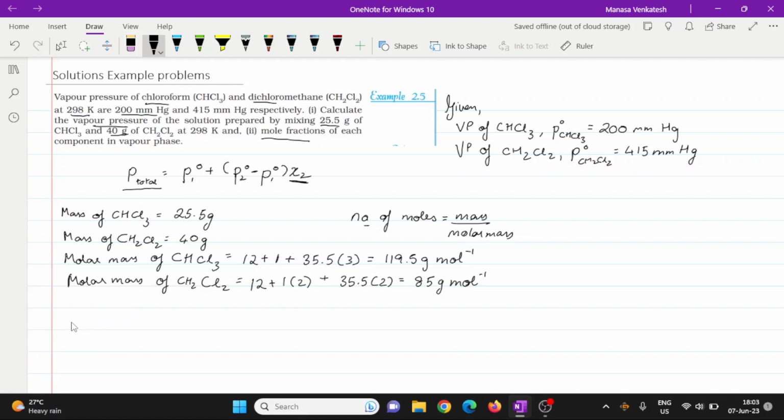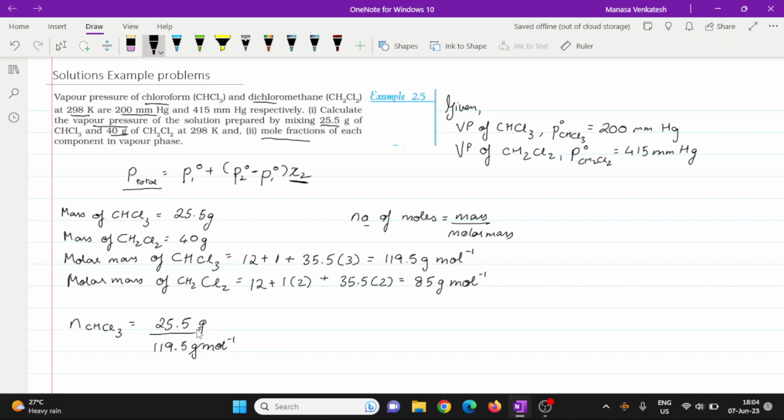So number of moles n of CHCl₃, let's start with the first one, is equal to the mass, which is 25.5 grams, divided by 119.5 grams per mole.